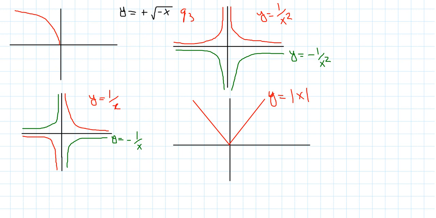Okay, and we have, let's draw it better, y equal negative absolute x. So you see, if you know the shape, you can easily draw it, but it's very helpful, and this way you can draw every graph easily.